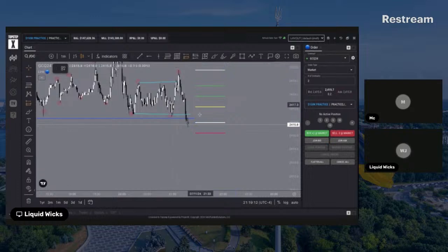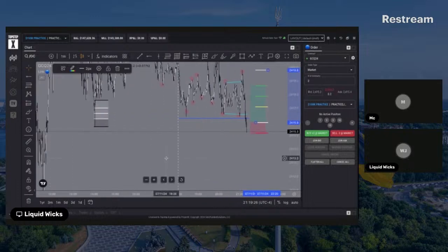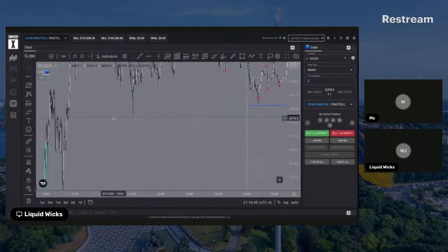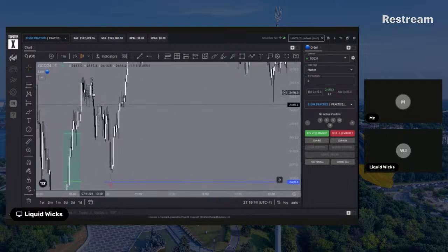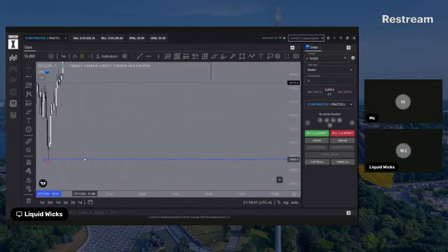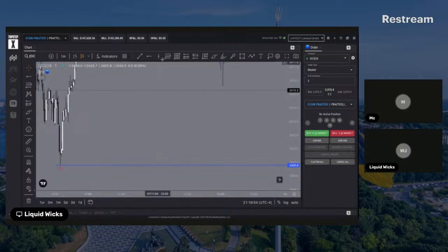So that would look like the zone here. This area and this area. It's trading right over here right now.